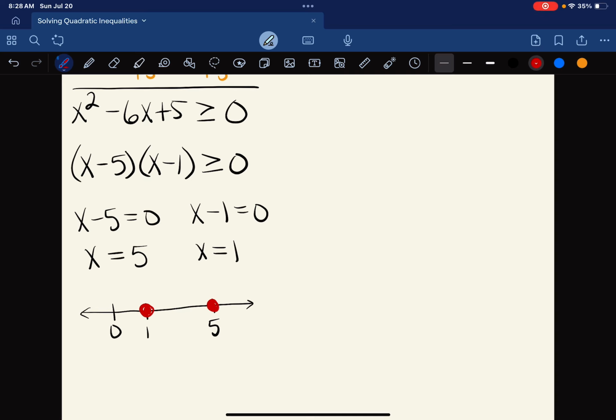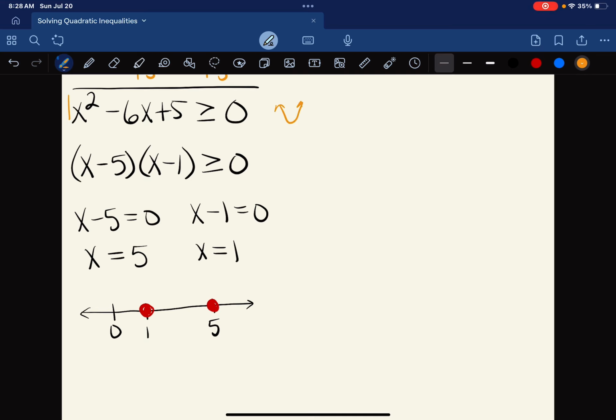Now, the way that I like to do this, the fastest way that I think it is, or at least for me, and it's fine if it's not for you, is I look at this quadratic and I notice that the a value is a +1. It's an understood 1 right there. Because it's positive, that means my parabola is going to open up.